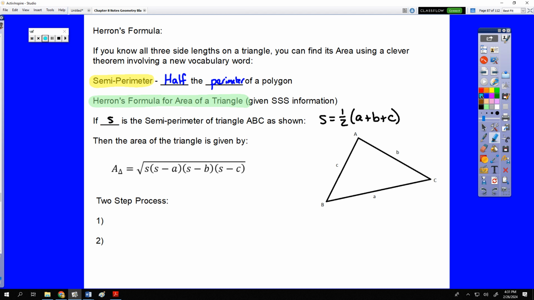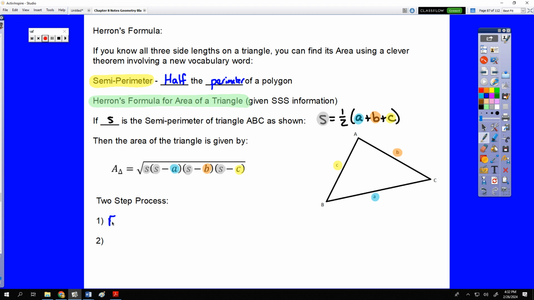Now again, that's A, which is one of the side lengths, B, which is one of the side lengths, and C, which is one of the side lengths. And then we first find the semi-perimeter, S, and then we turn around and we plug those numbers into this area formula. So this is a two-step process.